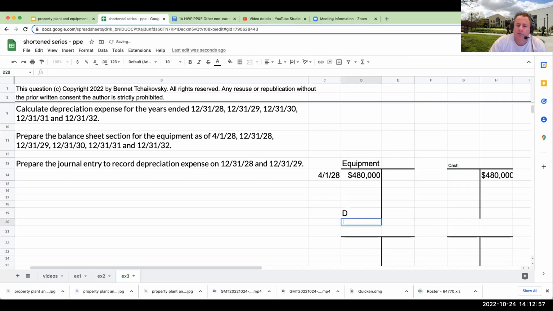So I'm going to debit depreciation expense. And as we saw earlier, I do not credit the equipment directly. Rather, I'm going to credit accumulated depreciation on the equipment. So we've got a debit to depreciation expense, credit to accumulated depreciation on equipment.